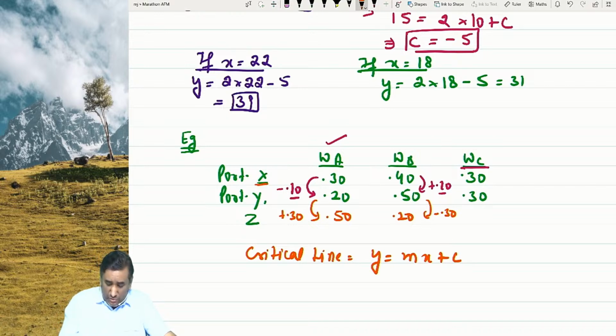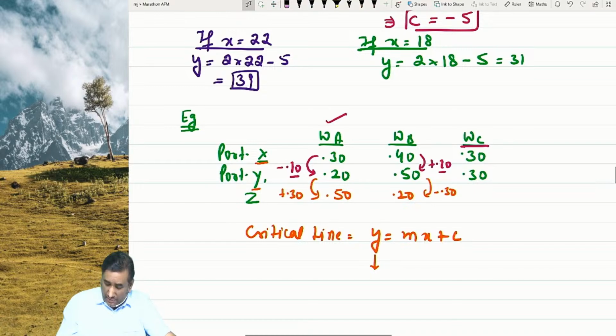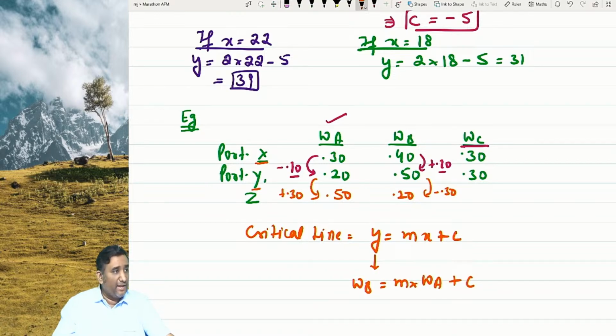These are actually portfolios. So what I'll do, y I'll substitute as what? Weight of B. M, this I'll substitute by weight of A plus C, because X and Y are portfolios in our example. Is it fine?